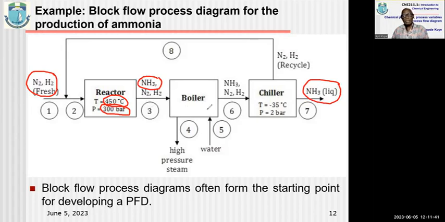So from there, it goes through a boiler. If you look at this, this is a very high temperature, 450 degrees C. Which means that the product coming out from here will be at high temperature. And what would the boiler do? The boiler is just to generate high pressure steam.